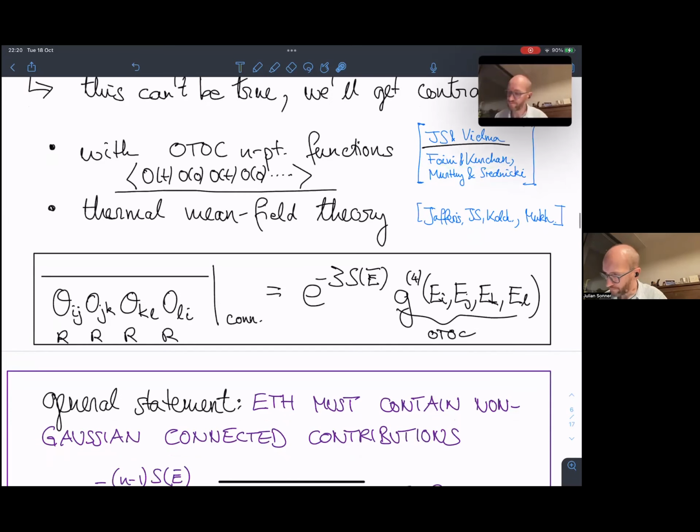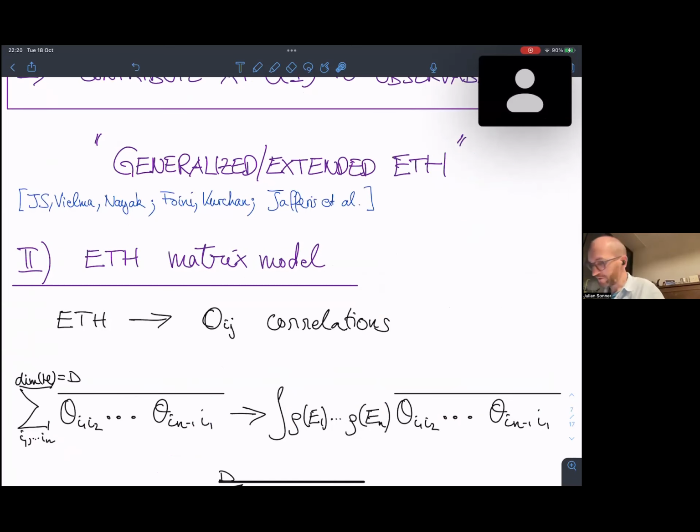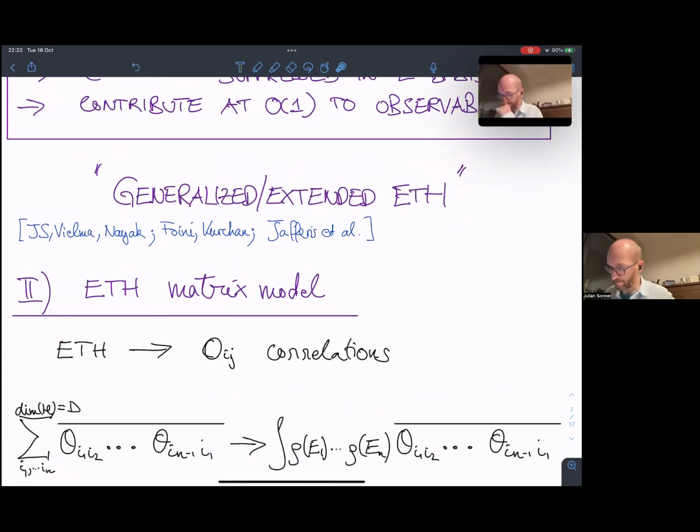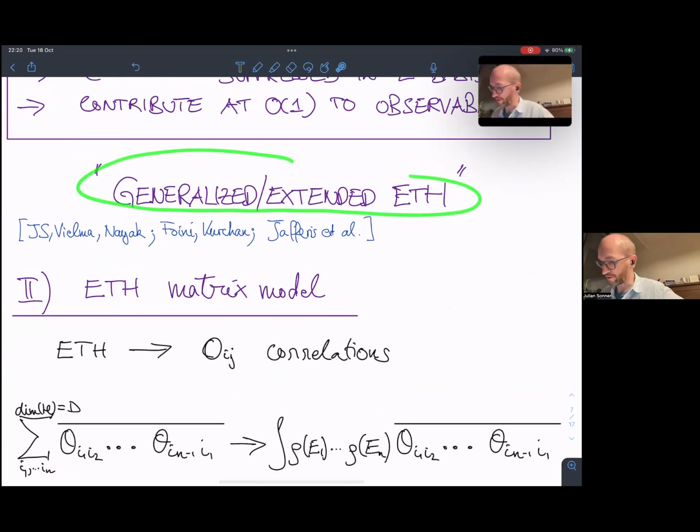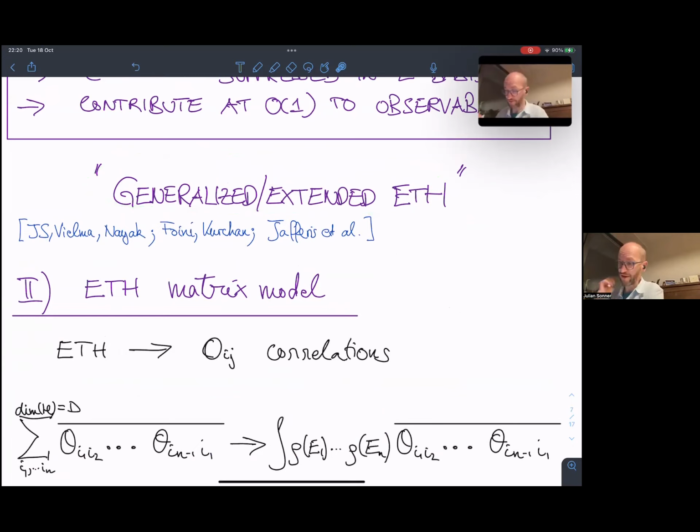Okay. Thank you. Right, so this structure, which with Manuel we called extended ETH, but which in the meantime has also received the name generalized ETH. So basically there is a hierarchy of non-vanishing connected correlations between these matrices that one might have called R_ij, but that I have rescaled and I call O_ij.